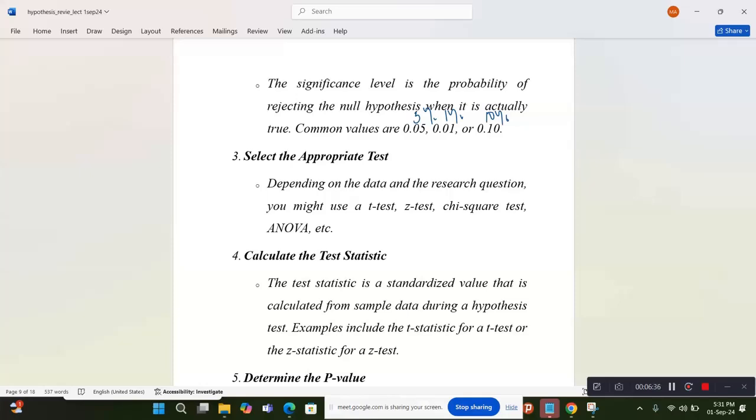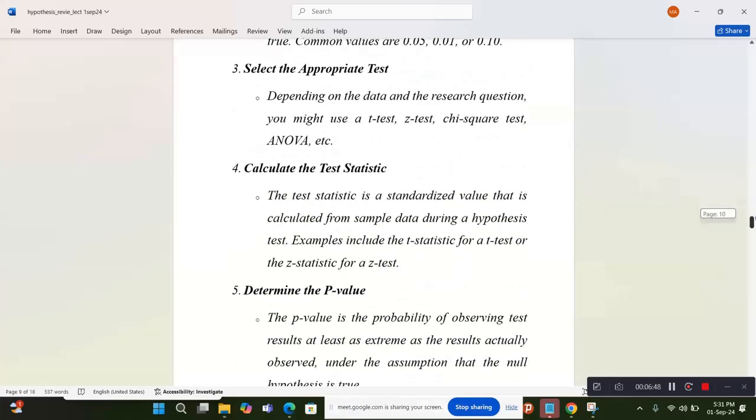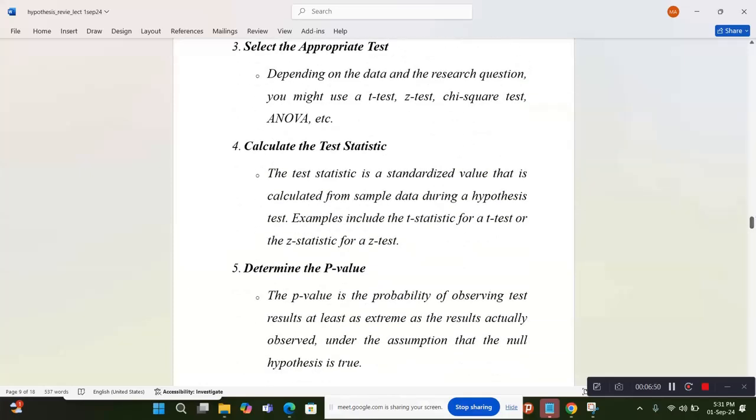Depending on the data and the research question, you can use a t-test, a z-test, a chi-square test, ANOVA, etc., as we shall see. Then you need to calculate the test statistic. The test statistic is a standardized value calculated from sample data during a hypothesis test.